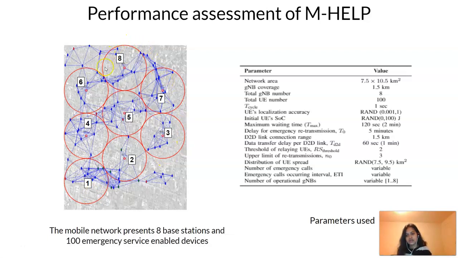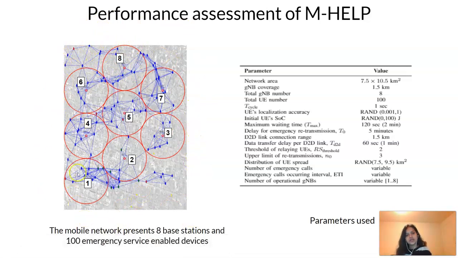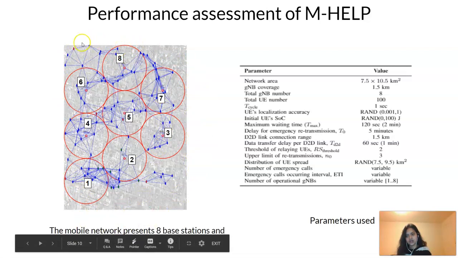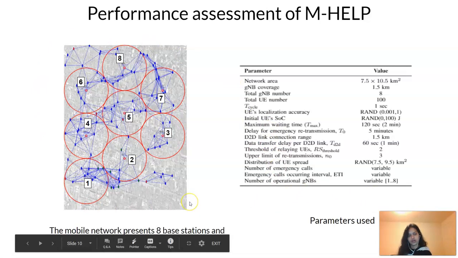So in the worst case scenario, only the 8th base station is functioning, and there are 100 mobile devices randomly located in the network area. The parameters that I have used for the simulation are given in this table. I considered a network area of 7.5 by 10.5 kilometers squared.